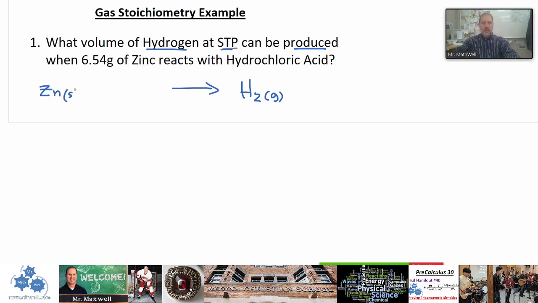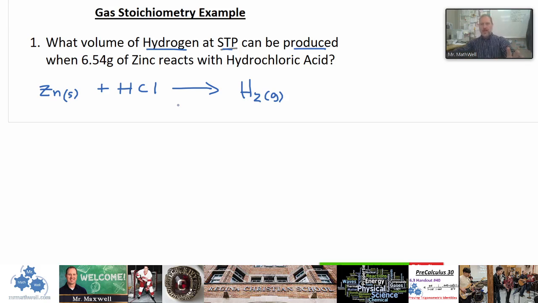Good idea to put your states if you can. It's definitely solid because we've got a mass there of zinc, and it's reacting with hydrochloric acid. So we've got plus HCl. Now that's all the question gives me.